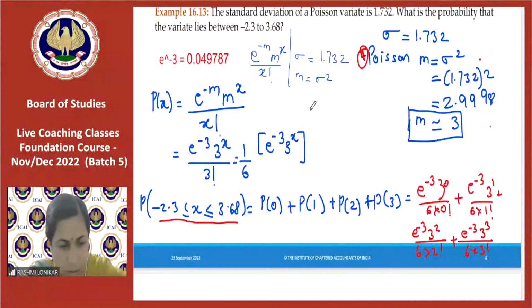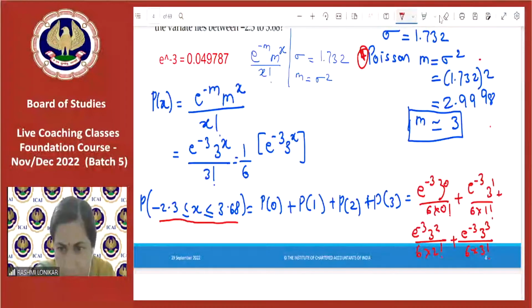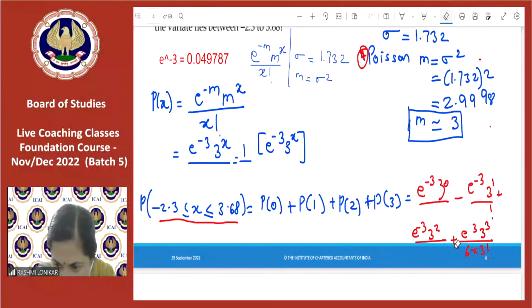Oh yes, x factorial. This will be upon x factorial, so here you will have 0 factorial, 1 factorial, 2 factorial and 3 factorial.